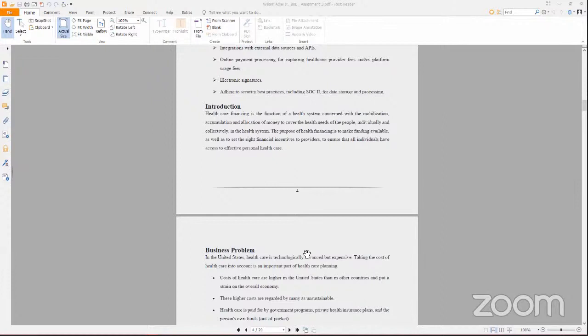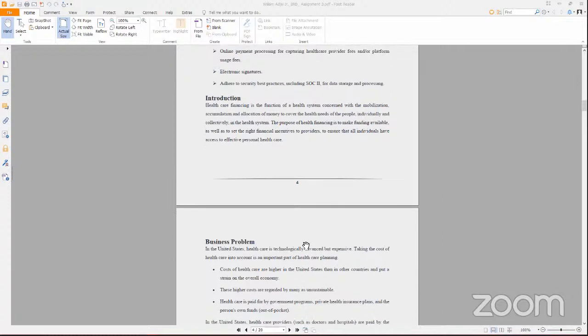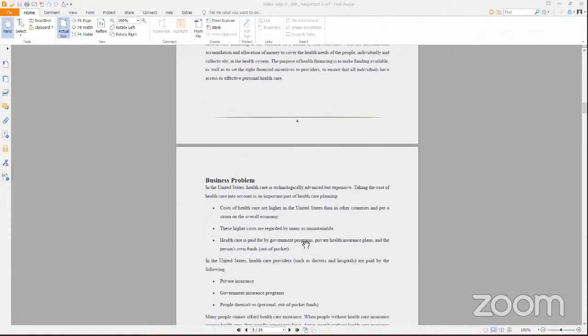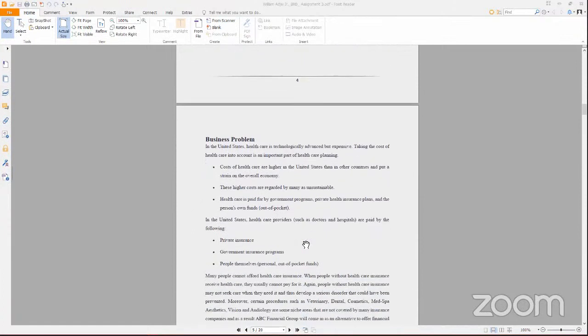The main purpose of healthcare finance and embedded lending is to make funding available and also to set the right financial incentives for providers, to ensure that all persons have access to good healthcare. We have our business problem here.